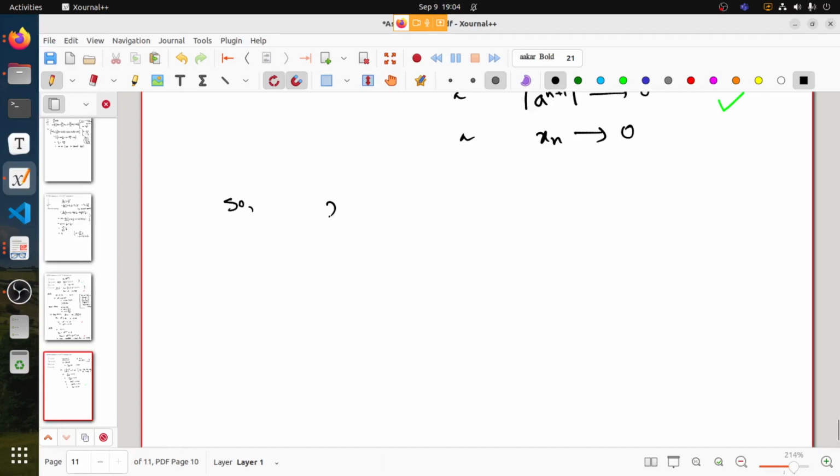So the sequence a to the power n plus 1 converges when minus 1 less than a less than or equal to 1. In this range of a, the sequence converges.